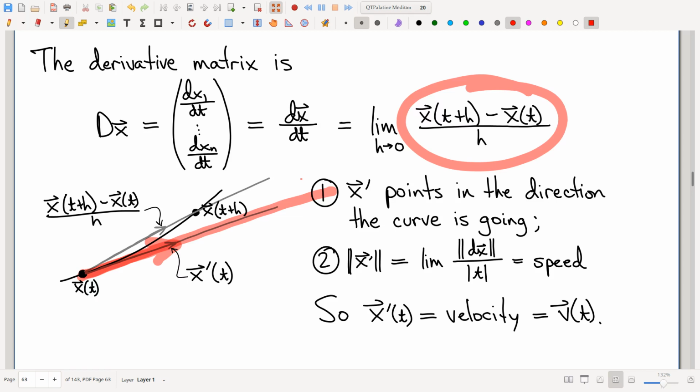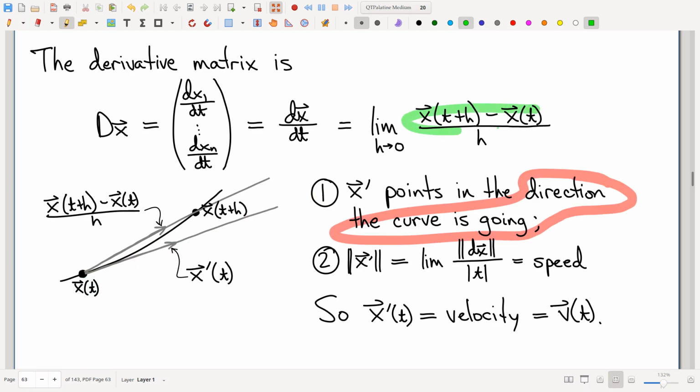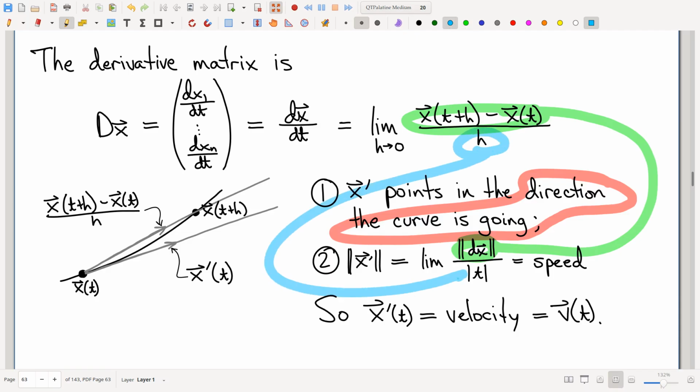Okay, so we know this points in the direction that the curve is going. What's the magnitude of this thing? The magnitude is a limit of distance per unit time. And what is the limit of distance per unit time? Well, that's speed. That's kind of the definition of instantaneous speed.